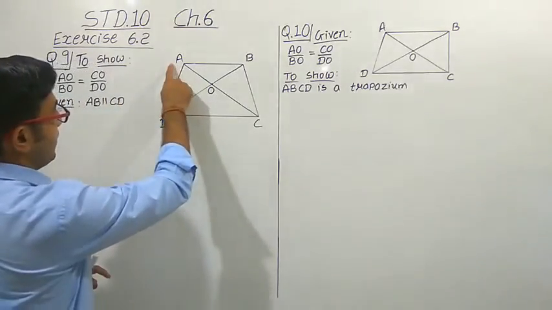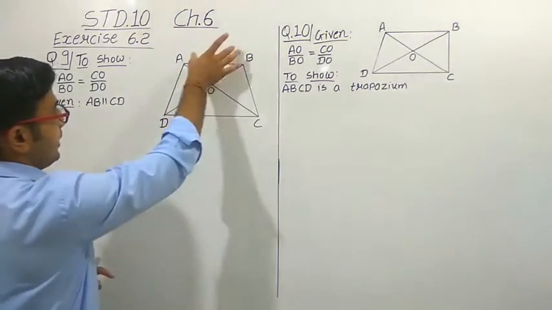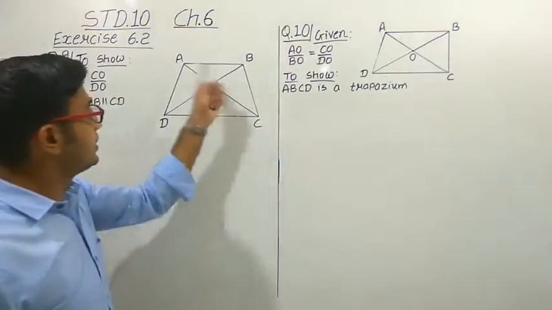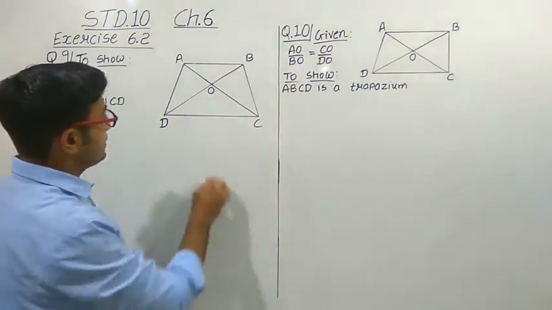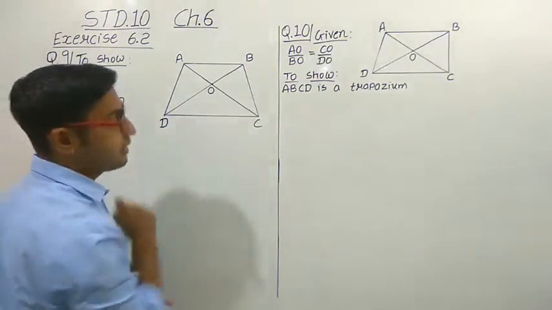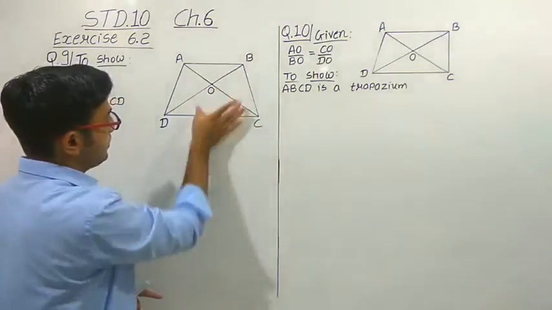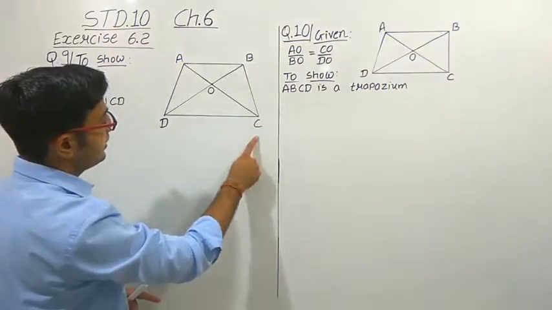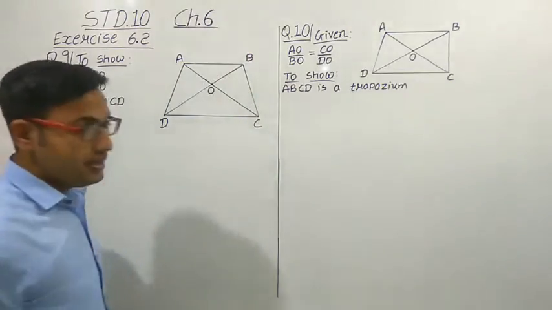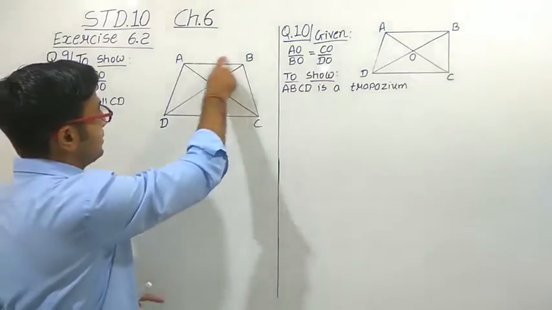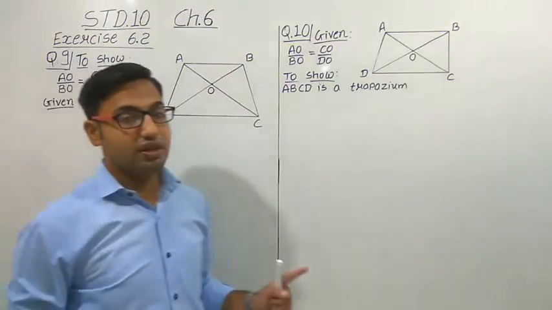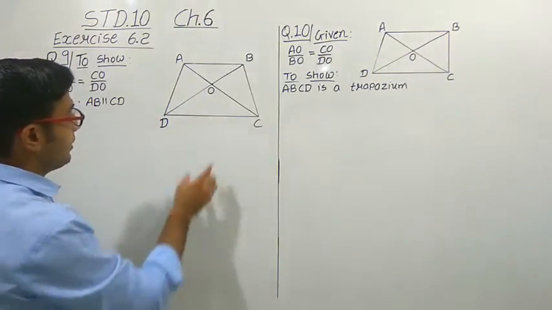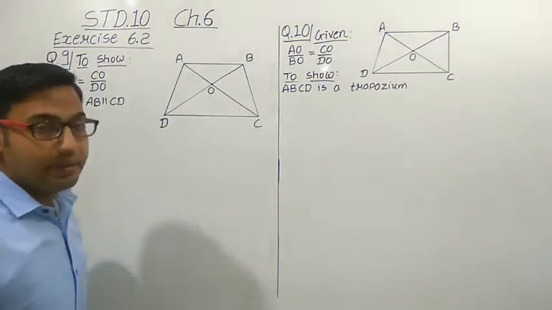Or if we consider triangle ADB with AB as the base, again we require a line parallel to AB. Similarly for triangle BDC, we require a line parallel to base DC, and for triangle ABC with AB as the base, we require a side parallel to AB. In short, we have to make a construction here, which must be either parallel to DC or parallel to AB.